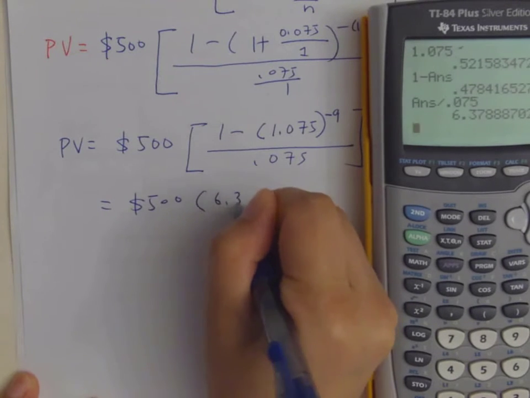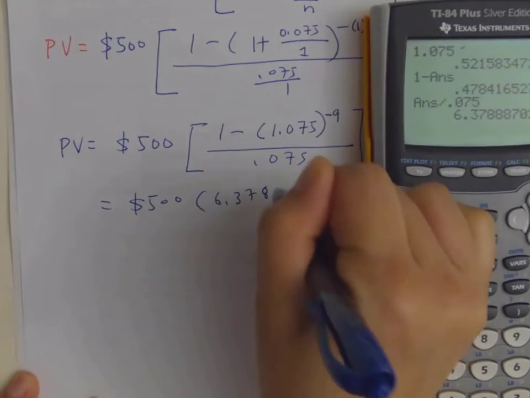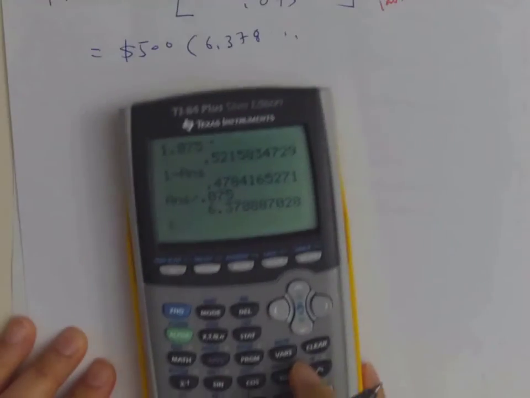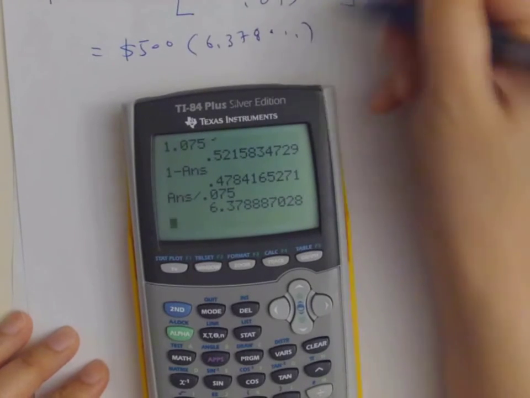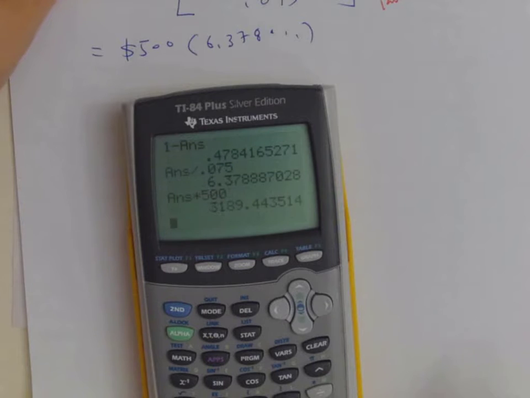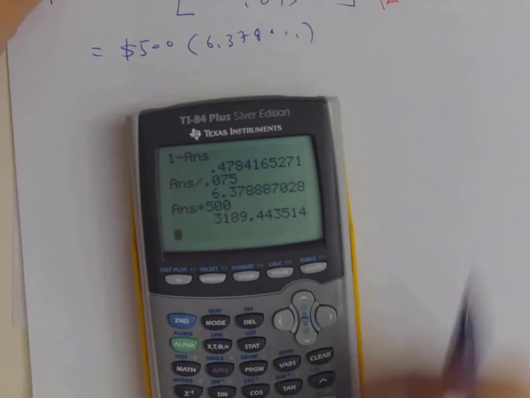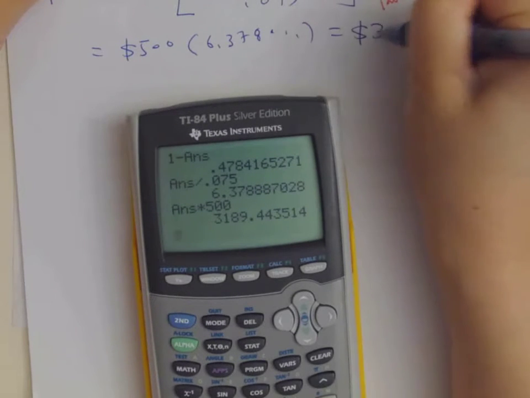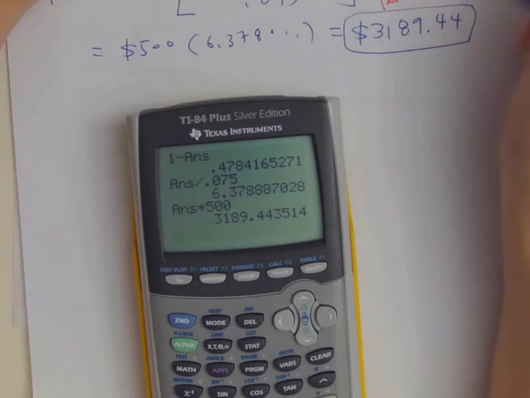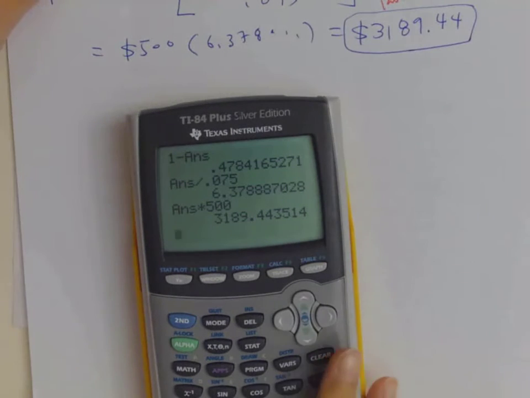So I should have my $500 times 6.378 something. Don't lose that decimal number, just keep it in the calculator, and then multiply that by 500. Together I should have $3,189.44. So we have 2 people who want to contribute to the school.